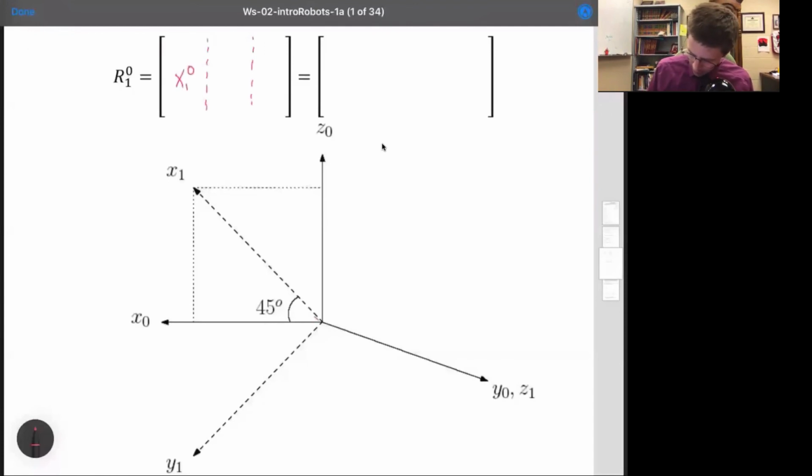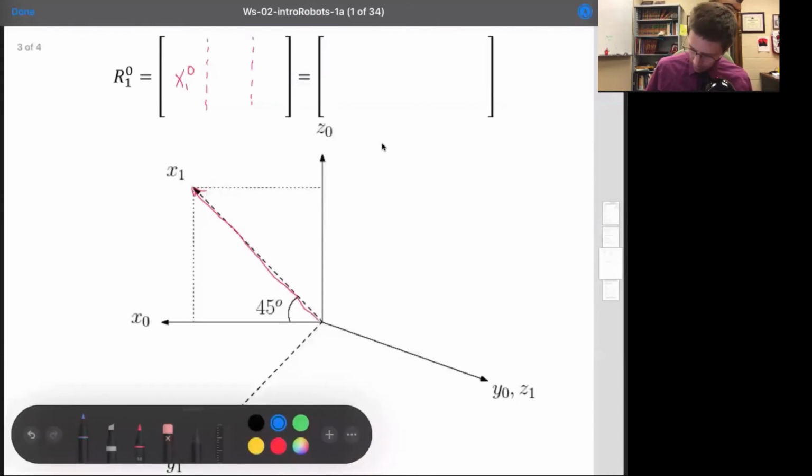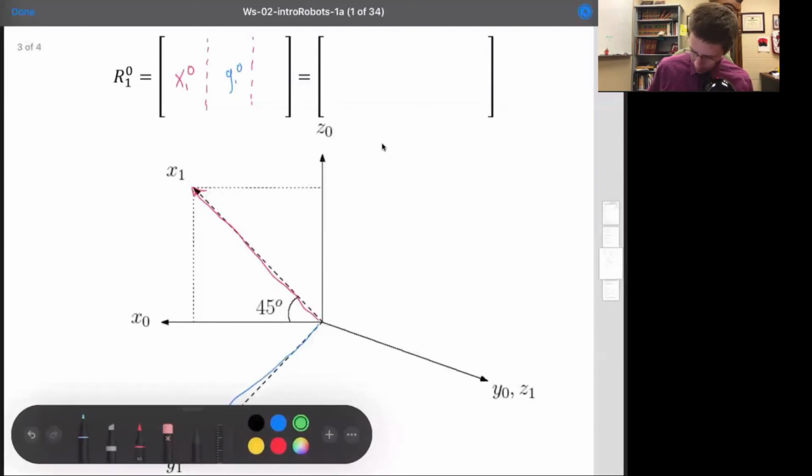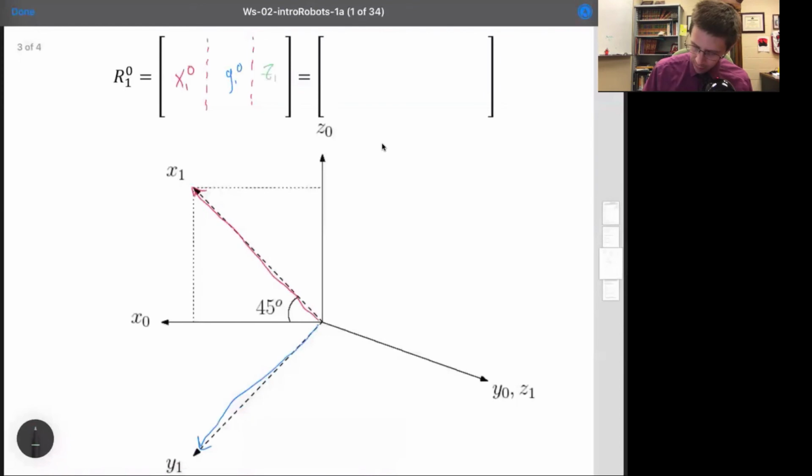So here's my x1. I want to know, what is that location? That'll be 3 numbers there. I also want to know, well, what is my y1? And so find that in your frame. Here's my y1. And then finally, I want to know, what is my z1 in frame 0? And here is my z1 coming right out here.